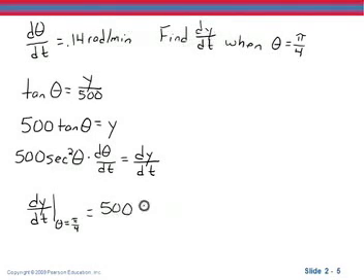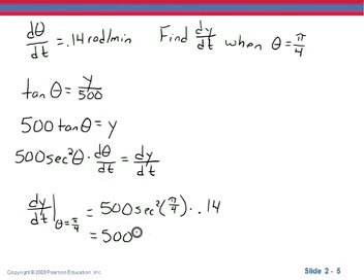So that will give us 500 secant squared of pi over 4 times d theta dt, which was information we were given, 0.14. Now remember that the secant of pi over 4 is the square root of 2, so we're going to have the square root of 2 squared.